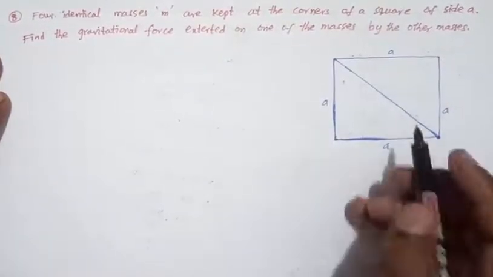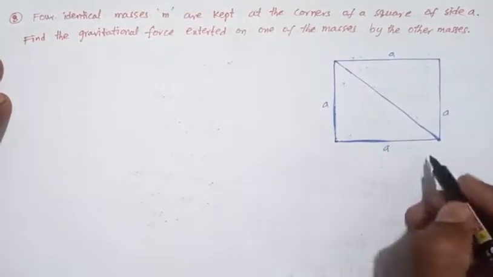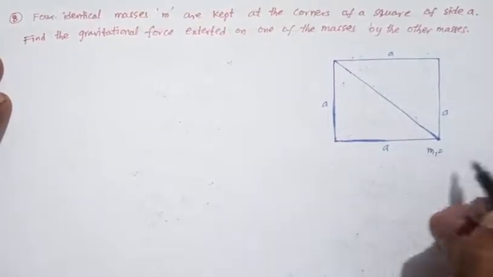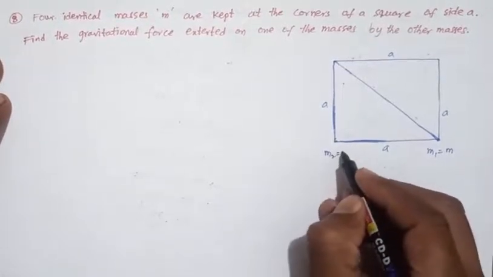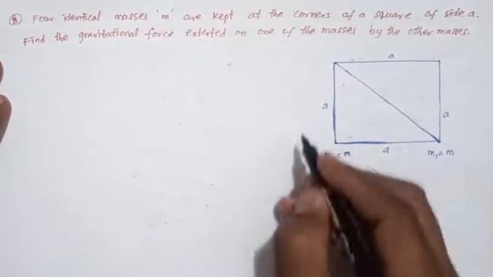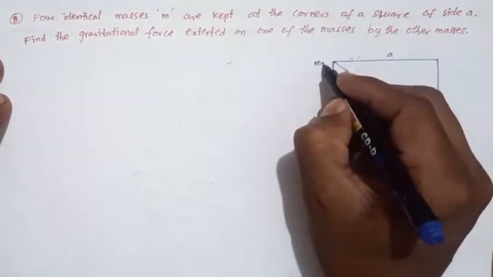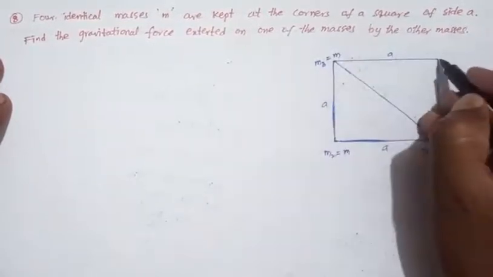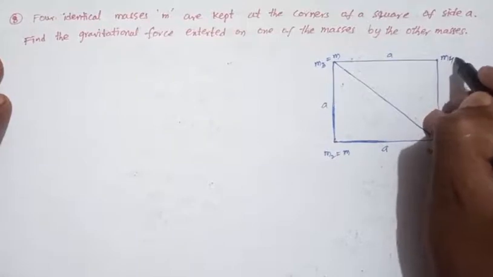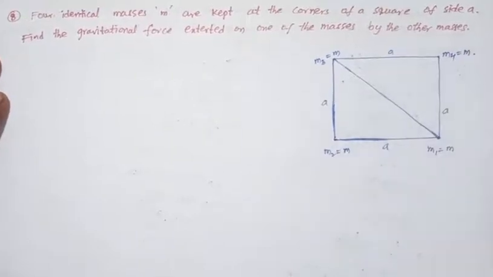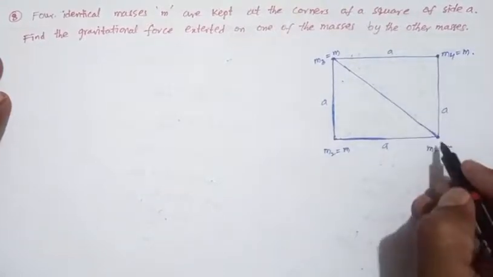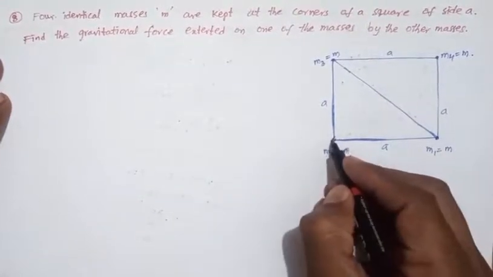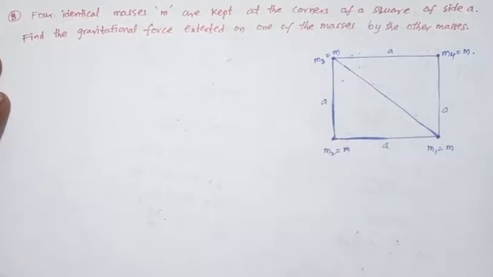A is a side, and the masses are M1 equals M, M2 equals M, M3 equals M, and M4 equals M. These four masses are kept at the corners of the square.